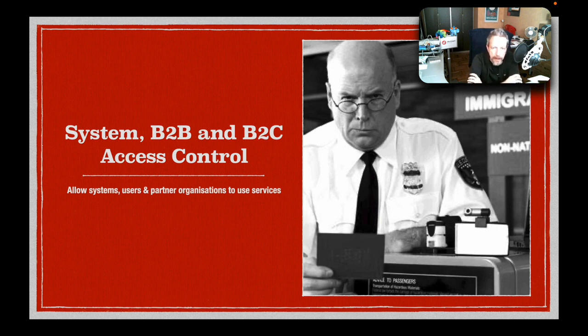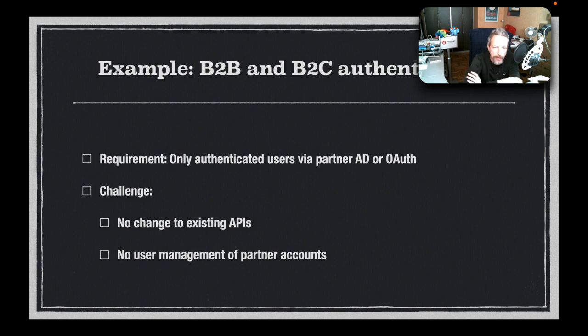Another question, and this is a very common question, is, hey, how can we provide B2B and B2C access control? Well, again, it's a very common scenario, and the challenge is not to change your existing APIs. So with the existing APIs being as they are, you provide a layer of authentication and authorization through the API management service, and that's it.